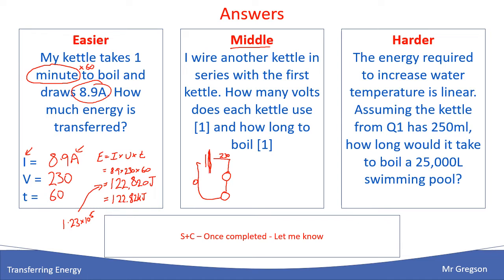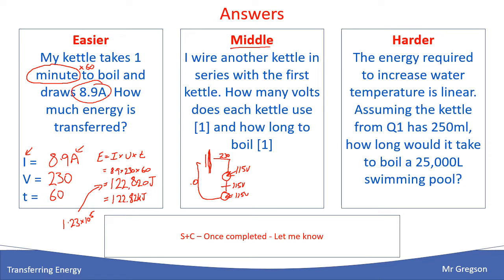There we go, 230 volts on that side, 0 on this side, which means between these two I would have 115 volts, so this kettle has 115 volts, and this kettle has 115 volts. So straight away, they don't have the ability to transfer as much energy.